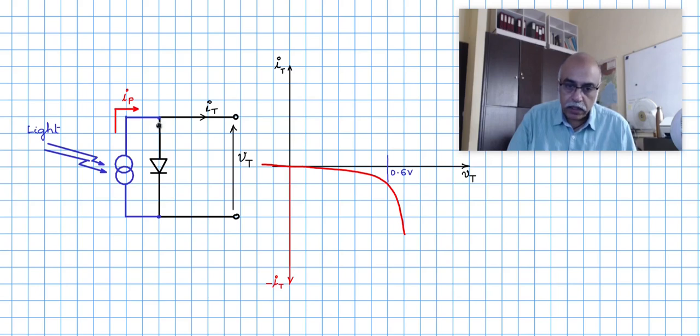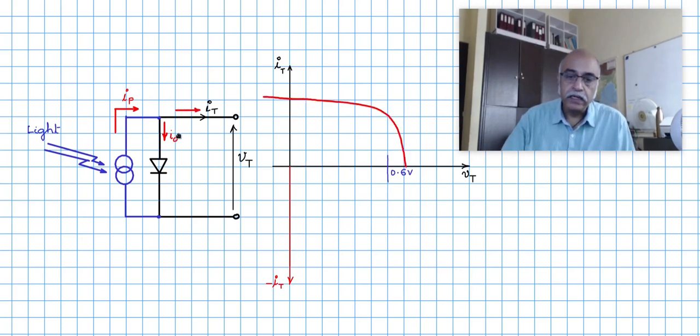There is going to be current flowing into the diode, so that is the diode current ID, and the remaining part of the photon current is going to flow in this direction along the indicated terminal current direction, and because this is positive, that gets raised.